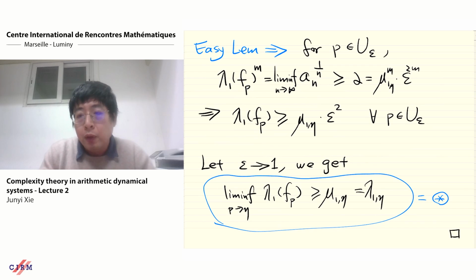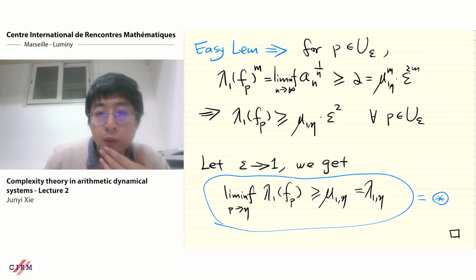You construct some regressive inequality for some higher codimensional cycles, and then you try to apply this easy lemma and check all these three conditions, and you use this to get the lower bound of the dynamical degree. In the end you can make the lower bound tend to the upper bound, and then you get this limit.